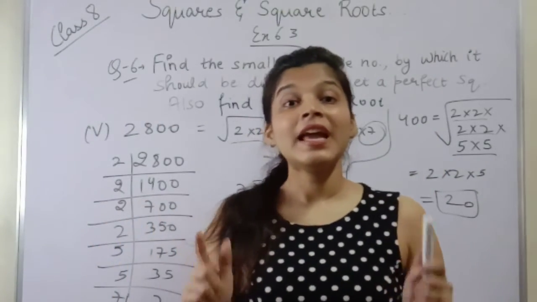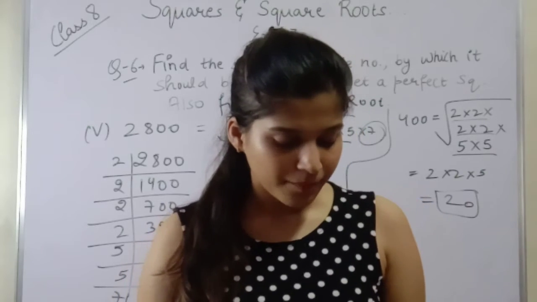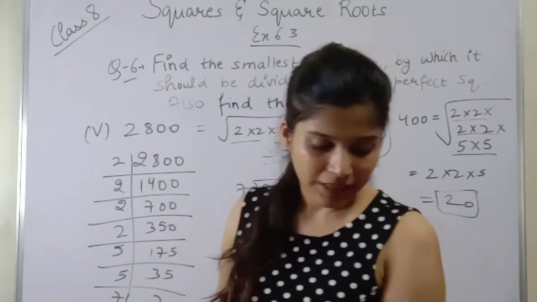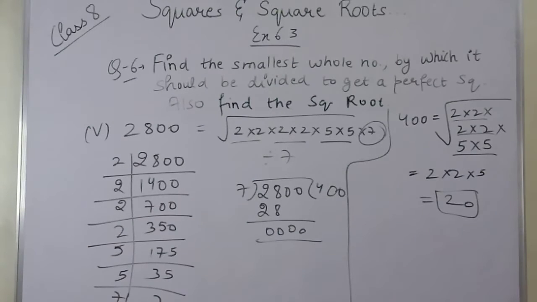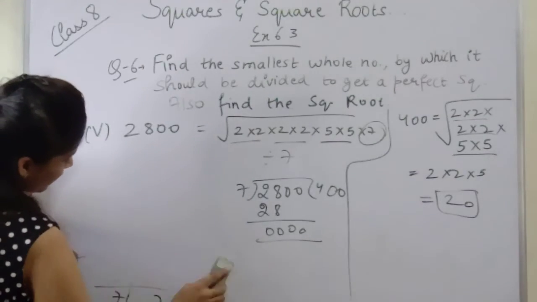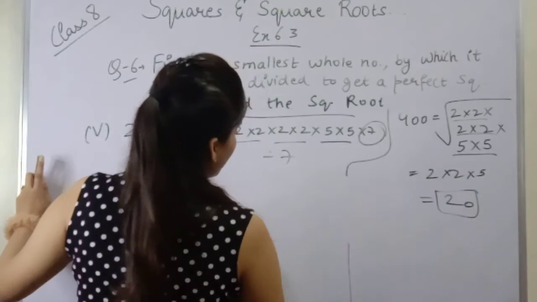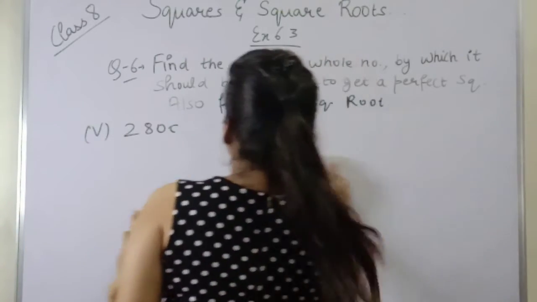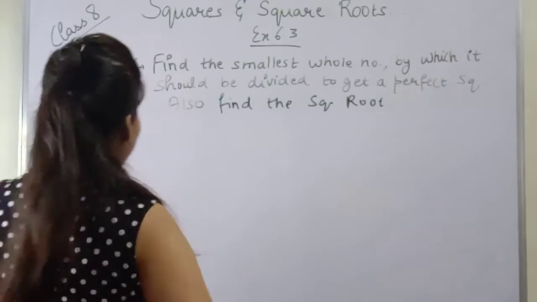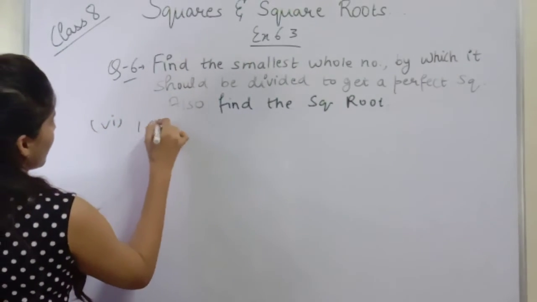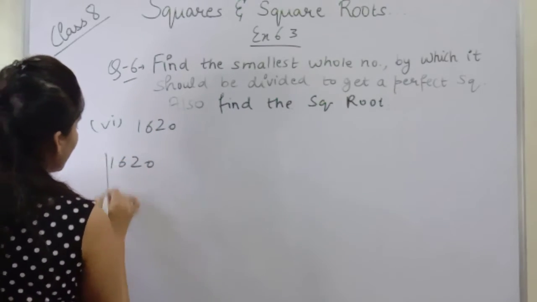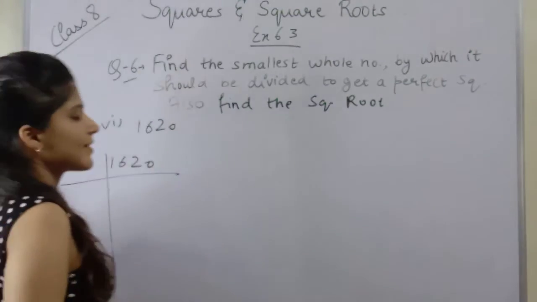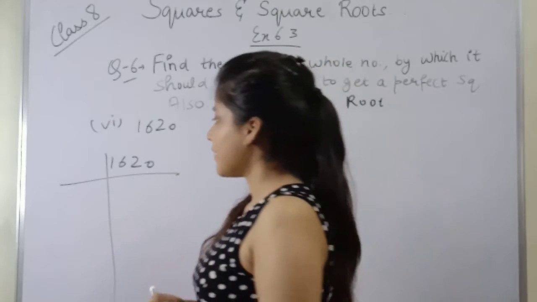Now let's come to the last part of this question. Part number 6. So the sixth part is 1620. 1620 we will prime factorize, and this is a multiple of 2, as we all know, this is an even number.